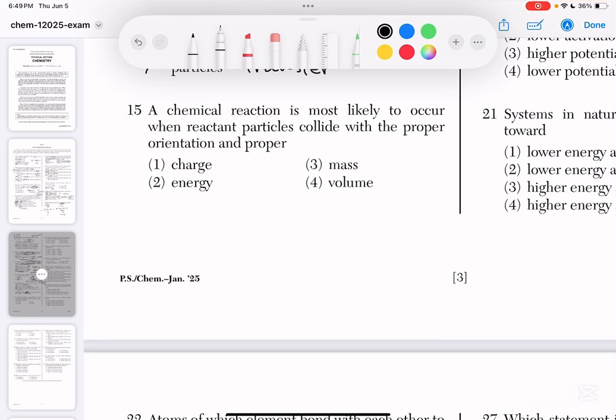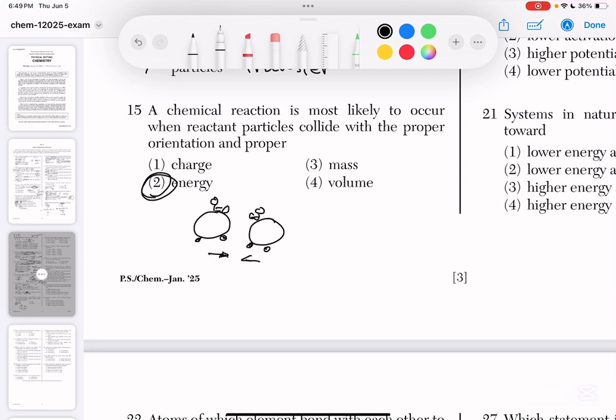Chemical reactions occur when particles collide with proper energy and proper orientation. I saw a good analogy one time. The person said to just think about when you're at an amusement park and on those little bumper cars, you want to try to drive your car towards other people, right?